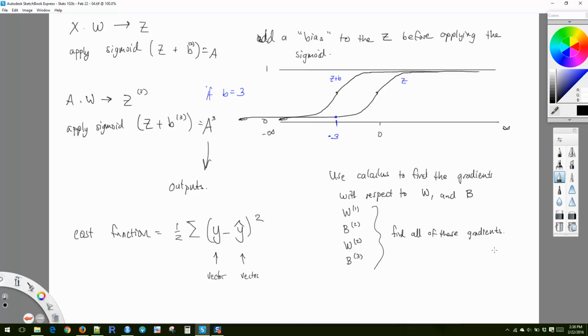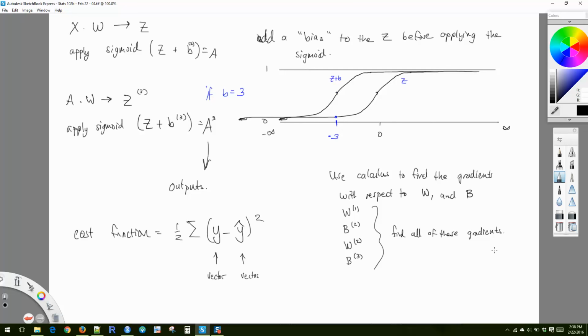So one method to handle all of these rows is called stochastic gradient descent.